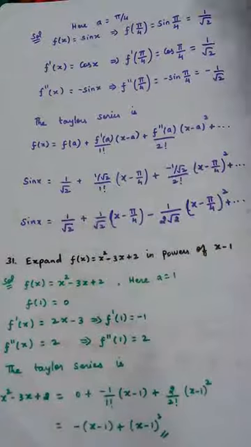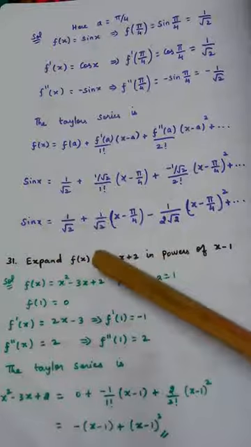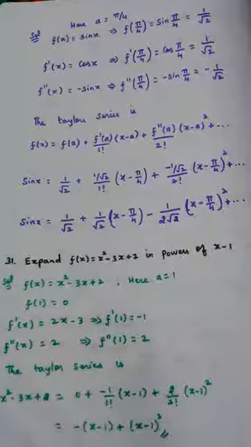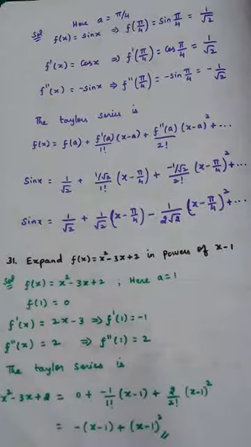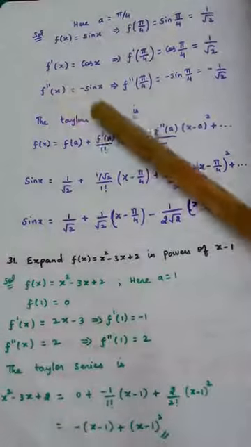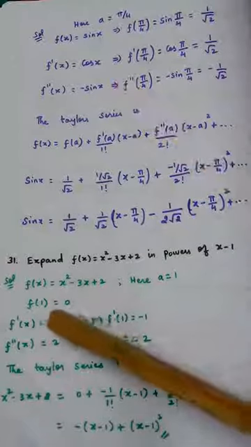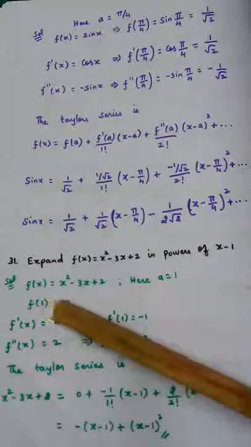Question number 31. Expand f of x is equal to this function in powers of x minus 1. Again, if you see the first problem, they have clearly given expand using Taylor's theorem. But even in this sum, they have not mentioned Taylor's series, but we have to identify that it can be done using Taylor series.